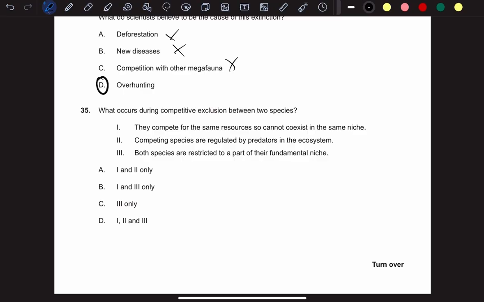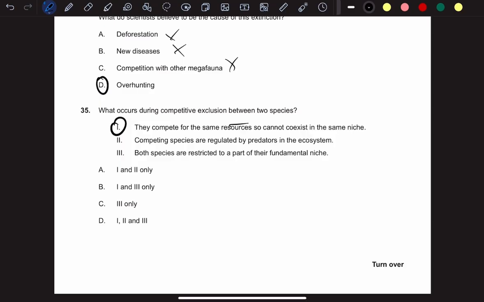Okay, so the whole idea in competitive exclusion is that these species are unable to exist in the same niche because it's a niche, so it's small, and they compete for the same things, right? They live on these same things. That's the best way I can say it without literally repeating what this says, because this is a pretty nice way of saying it.